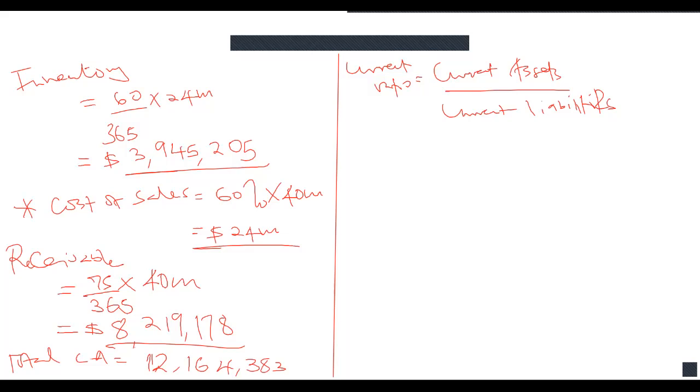The current ratio is 1.4. Therefore, 1.4 is equal to current assets, 12,164,383, divided by current liabilities.